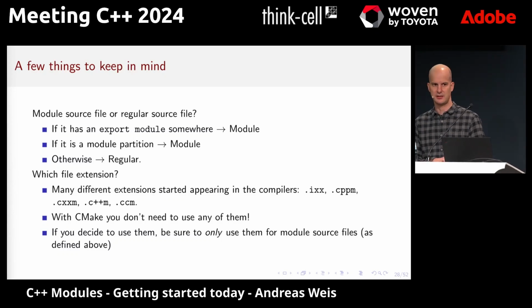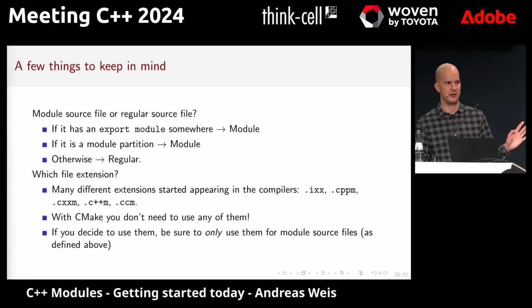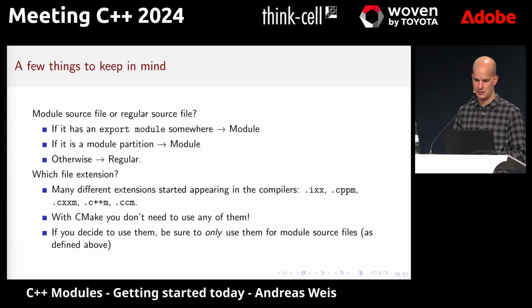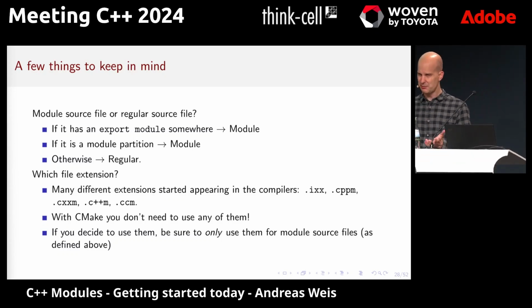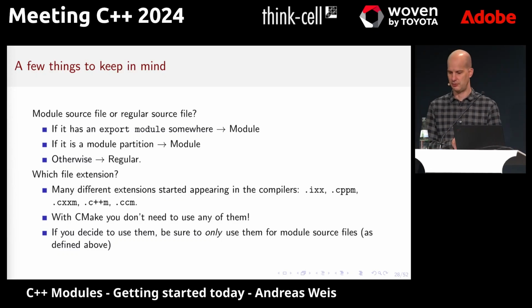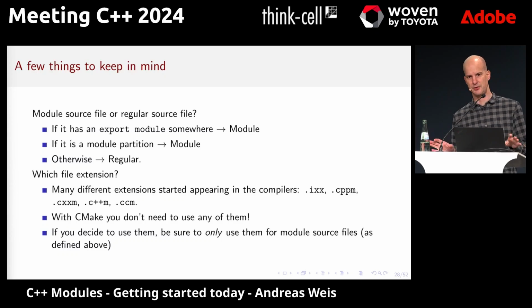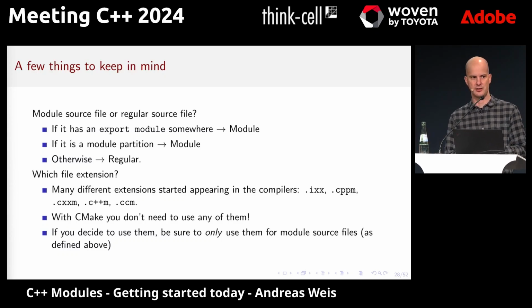GCC seems to have settled on the notion that they just don't care about file extensions at all, and they want to leave all of this up to the build system, which is probably what you should do as well. So if you're using CMake, you're not required to use any special file extensions. You can just stick with .cpp or whatever you were using before.